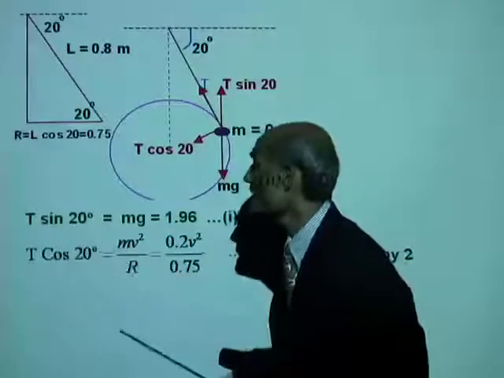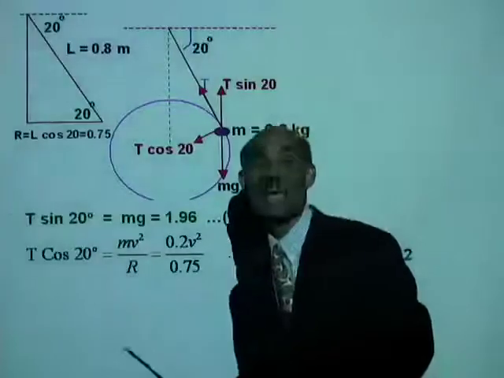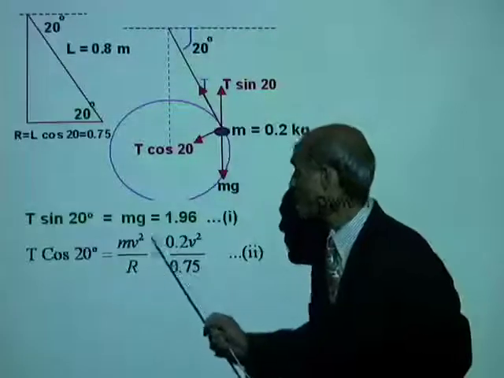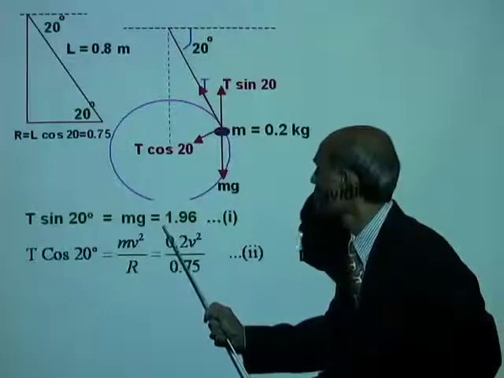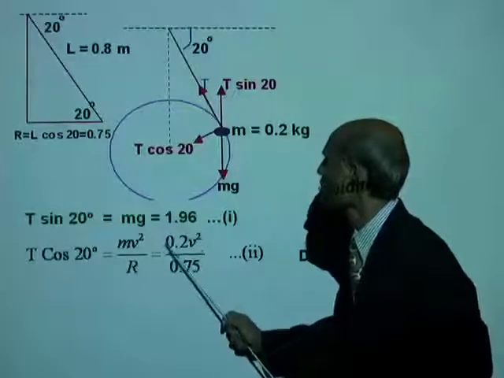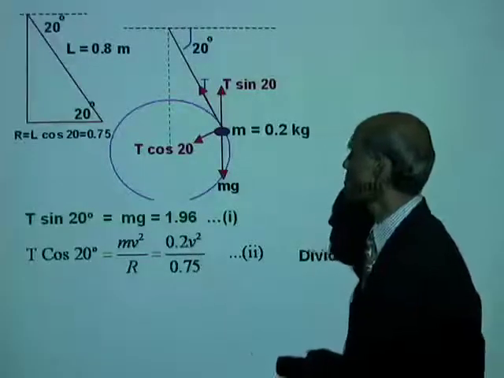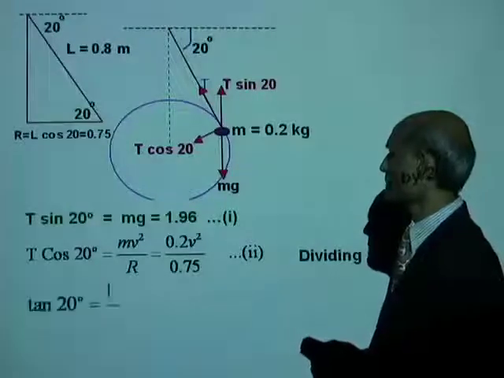That will give you sine 20 divided by cos 20, which is tan 20. And on the right side of the first equation is 1.96. The right side of the second equation is 0.2 v squared over 0.75.